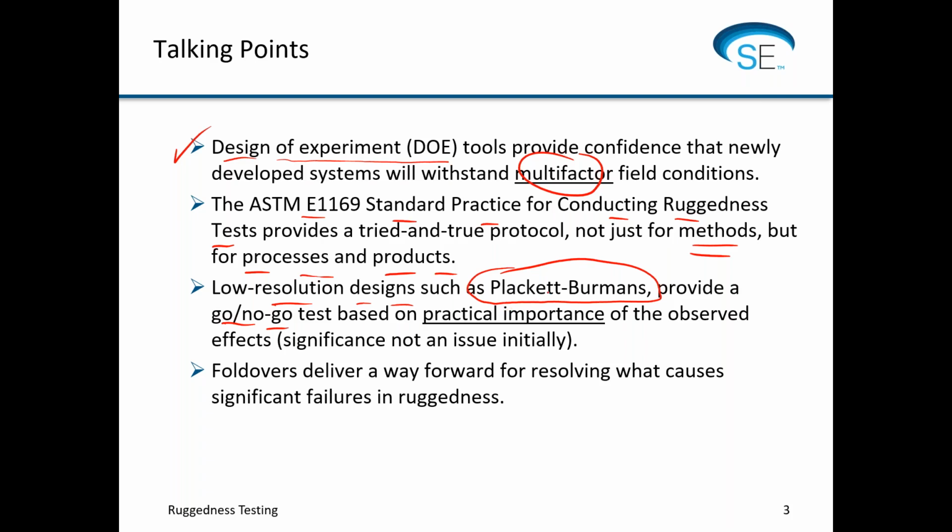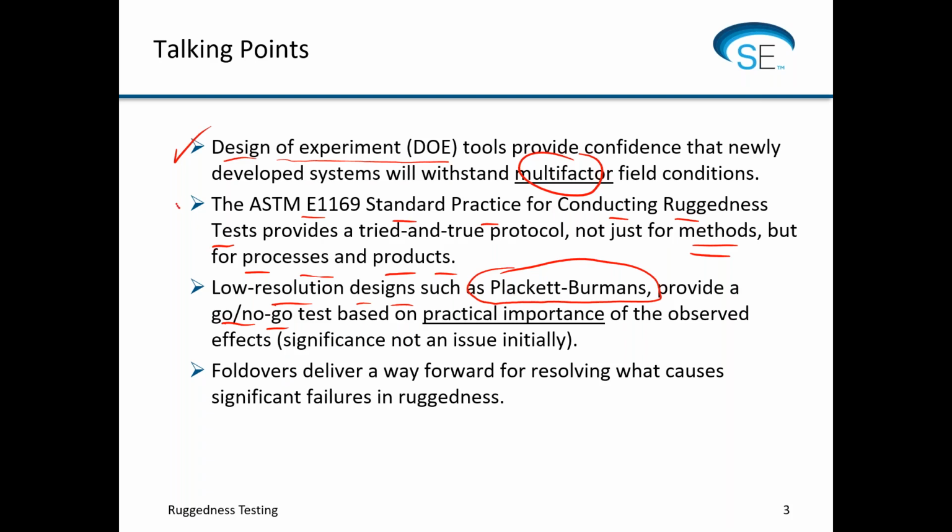However, the Plackett-Burmans tend to be run at the lowest resolution, resolution 3, and people will use them for screening when the main effects are aliased with 2-factor interactions. But they're perfect for ruggedness testing because you can saturate these arrays. For example, you can do a 12-run design with 11 factors. It allows you to look at more factors, which is of critical importance when you're doing ruggedness. So the Plackett-Burmans are going to be featured in this presentation.